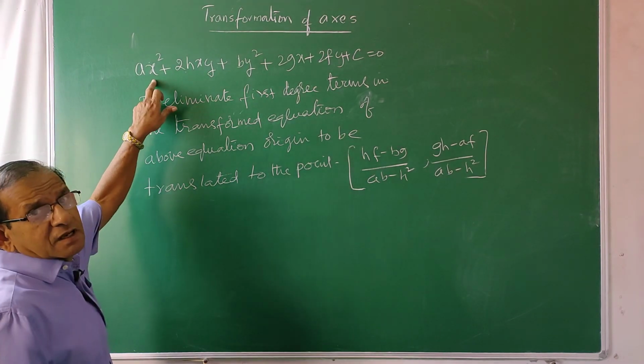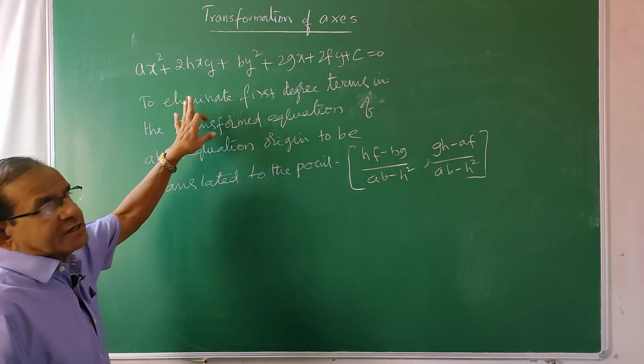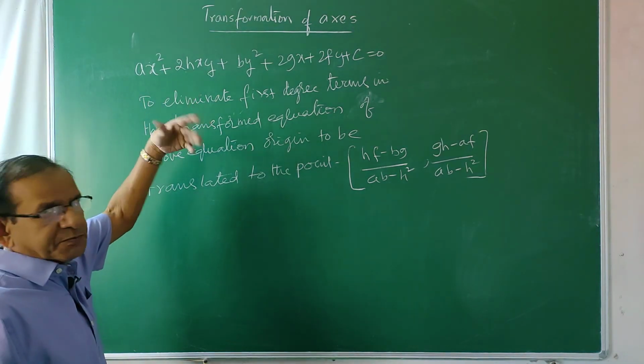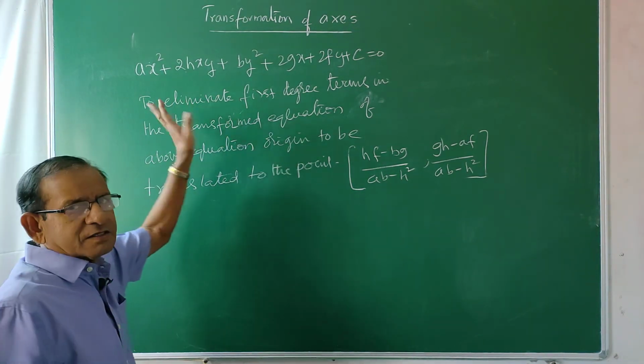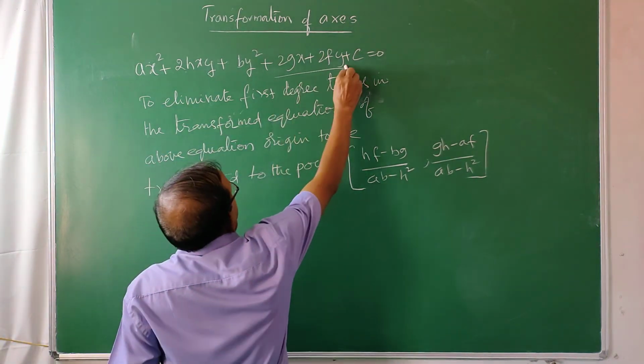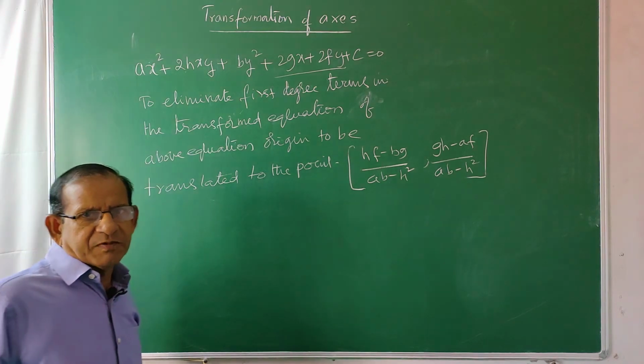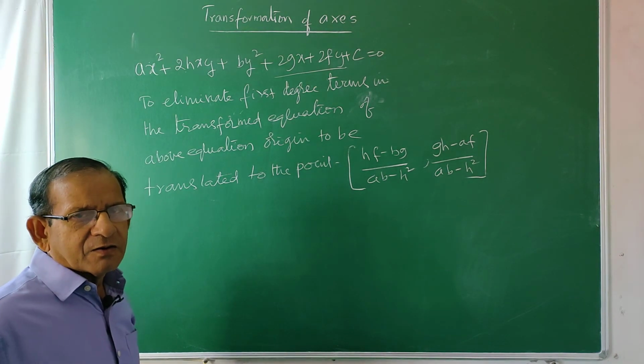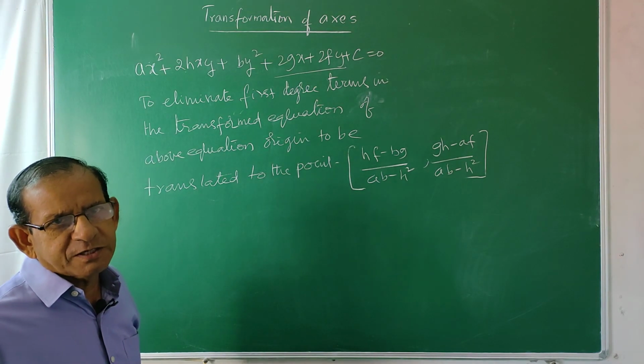Now this is a general second degree equation. After shifting the origin to some other point, you will get the transformed equation. Suppose you want to remove the first degree terms, that is the x term and y term, in the transformed equation. To which point should the origin be translated?